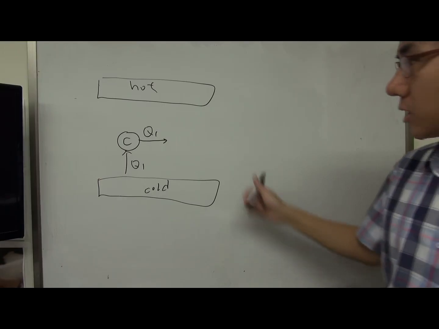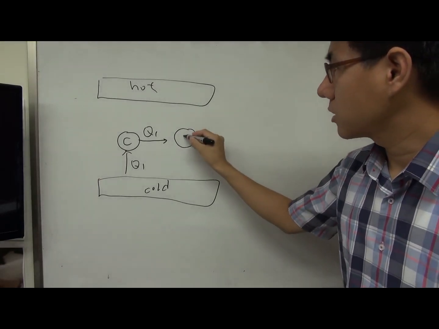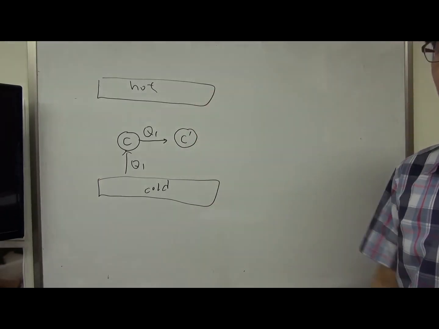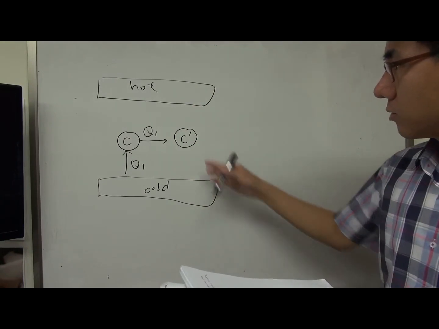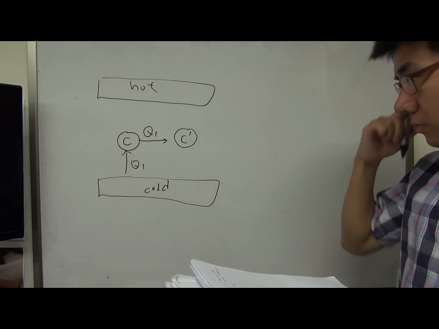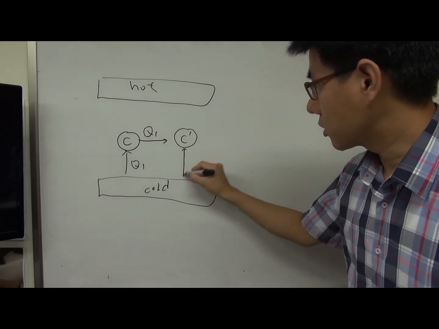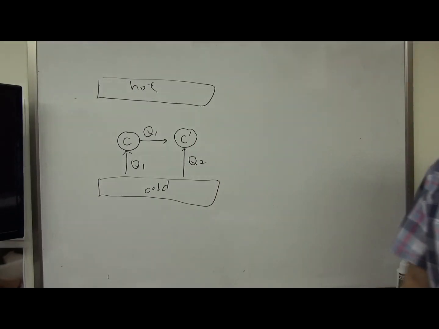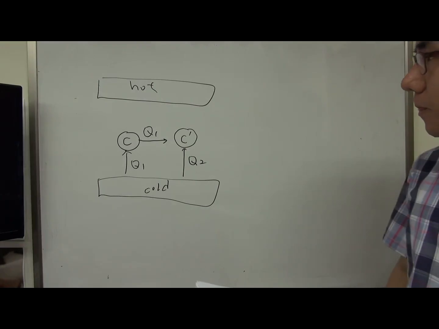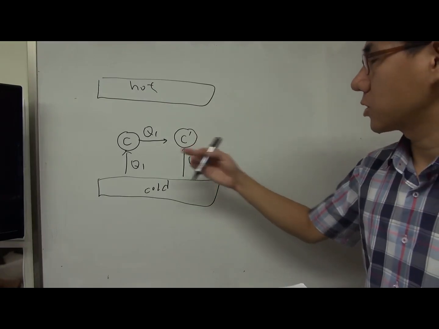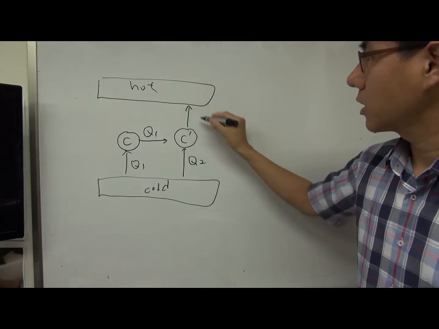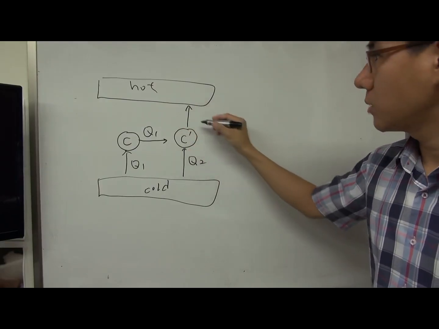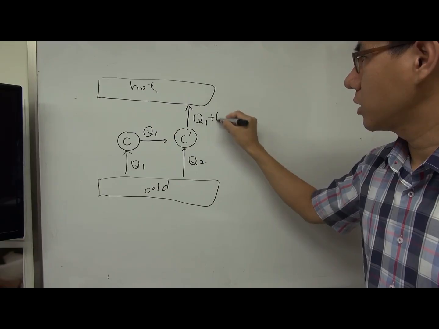And let's assume that there is another engine C prime between these two bodies. This is just a heat engine. So it absorbs some amount of heat from the cold body as Q2, and also it absorbs this amount of work as Q1, and simply transfers those two amounts of energy to the hotter body.